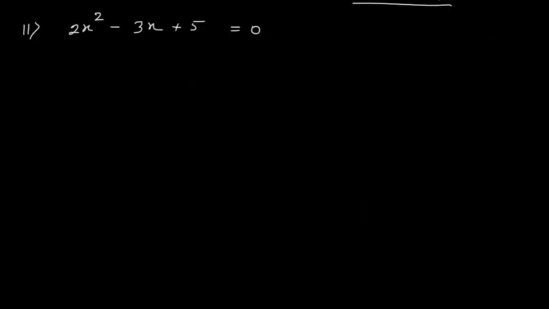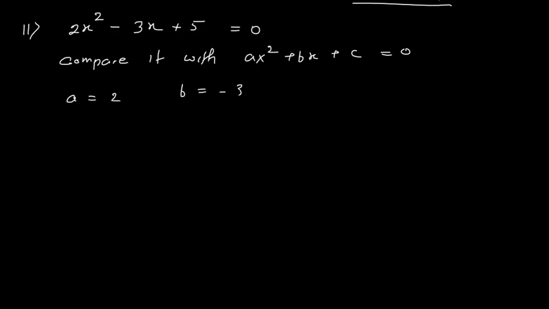Now the second question is 2x square minus 3x plus 5 equal to 0. So again here we compare it with ax square plus bx plus c equal to 0. We get value of a as 2, value of b as minus 3, value of c as 5.